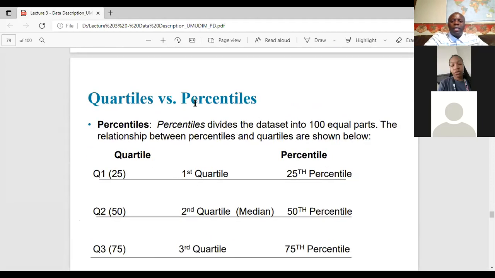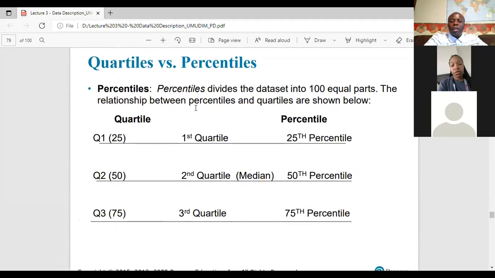The percentiles divide the data set into 100 equal parts. Now, there is a relationship between the quartile and the percentile. For example, Q1 is 25%, which is the same as the 25th percentile, even though it is the first quartile.